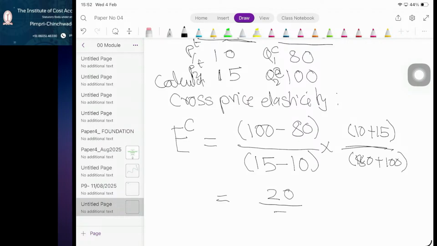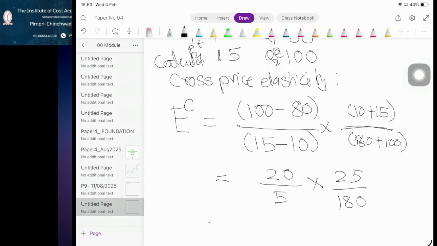20 and 5. Here the sign is very important. Don't change the sign. Only for price elasticity of demand that is acceptable. 180. Okay, how much is it? Is it coming 5 upon 9?